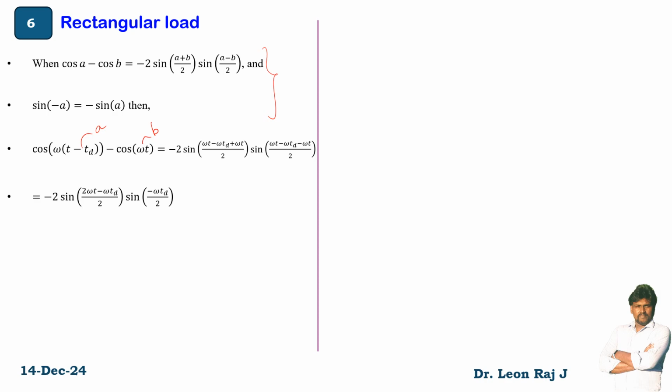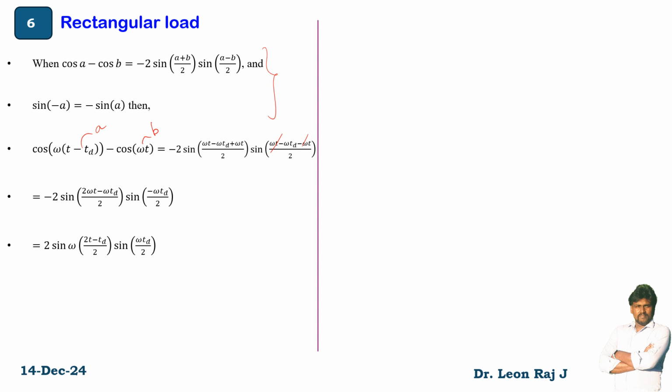For A minus B, these terms get cancelled and you will get minus omega td divided by 2 in the sine.